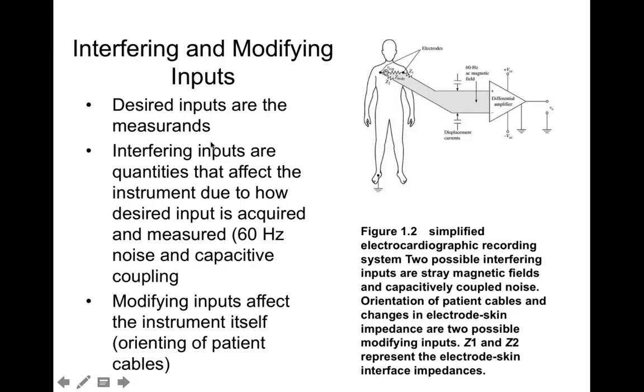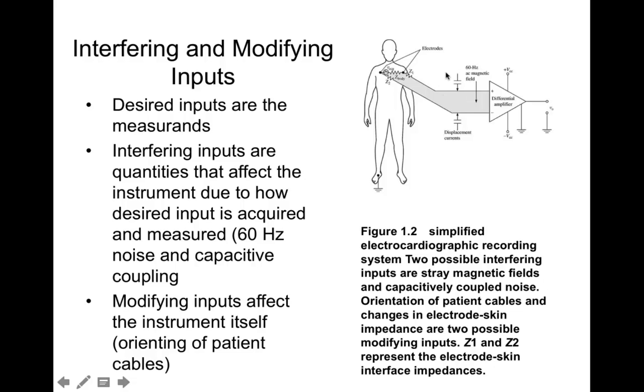So interfering inputs would be quantities that affect the instrument due to how the desired input is acquired and measured. An example of that would be the 60 hertz noise in the room and the capacitive coupling. That would be something that you really couldn't control because they're present in the environment.